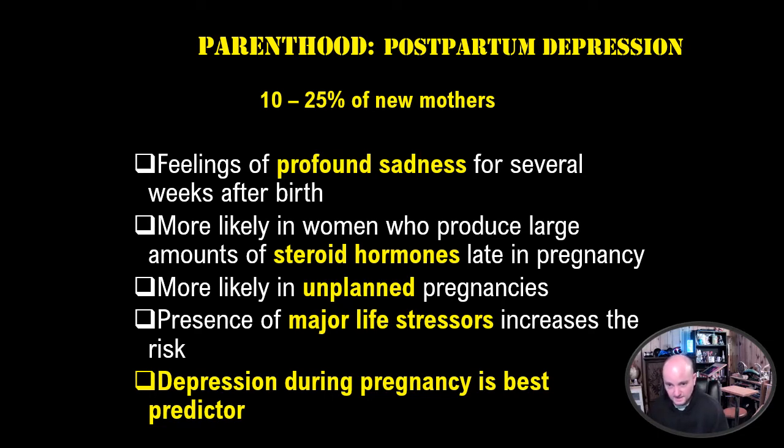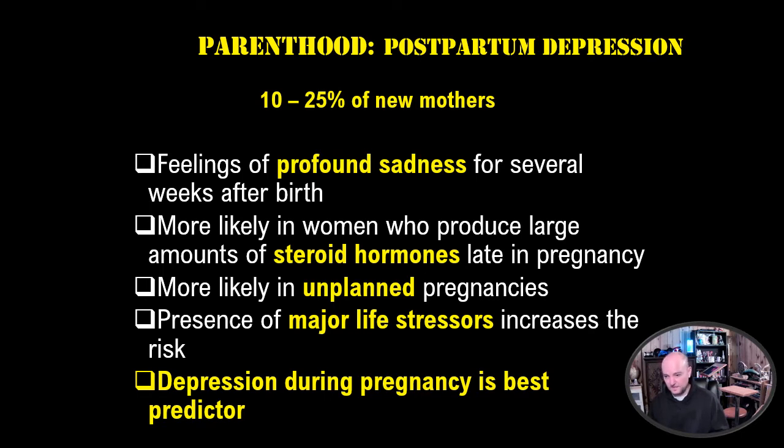And I kind of made some of these points out of order, but women who have a lot of steroid use during pregnancy, usually for injuries or other medical reasons, we see that has an impact, which is interesting, right? Because that's a very biochemical aspect. And then if we say unplanned pregnancies make it more likely, that's interesting, because that's very much a nurture, environmental situation.